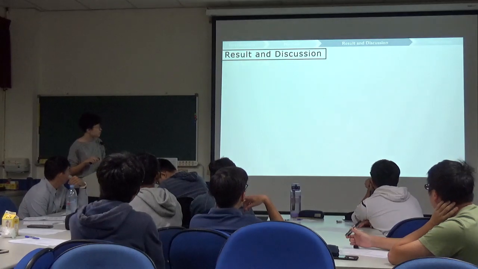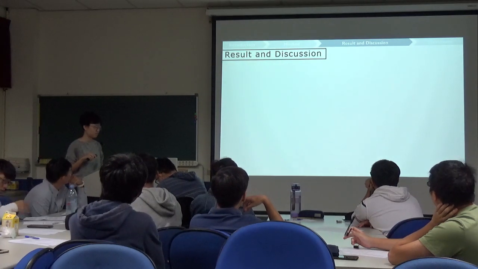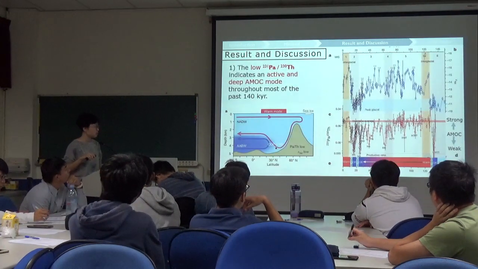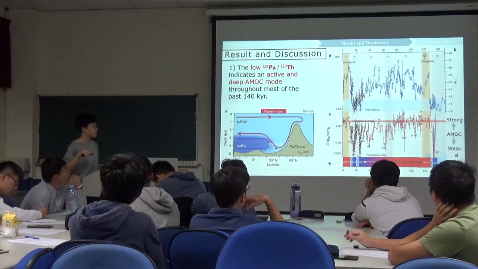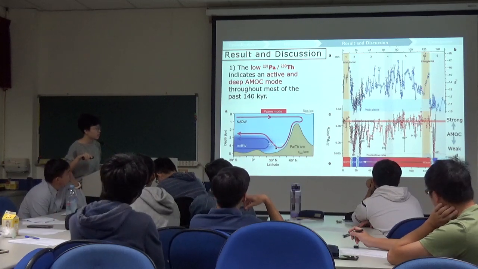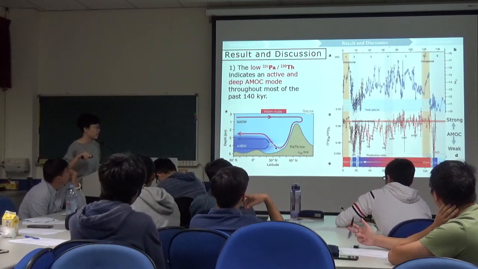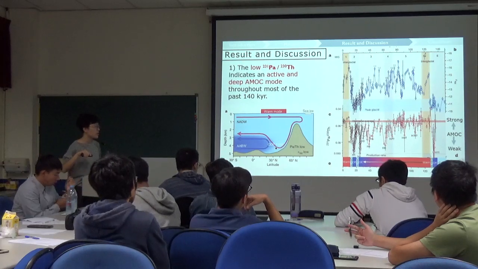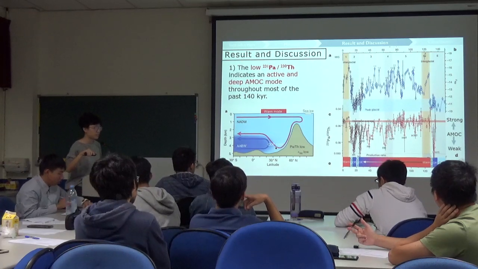Let's move to the results and discussion. Look at this picture. The blue curve is the neodymium value, the red curve is the protactinium-thorium value, and the horizontal axis is the time scale.